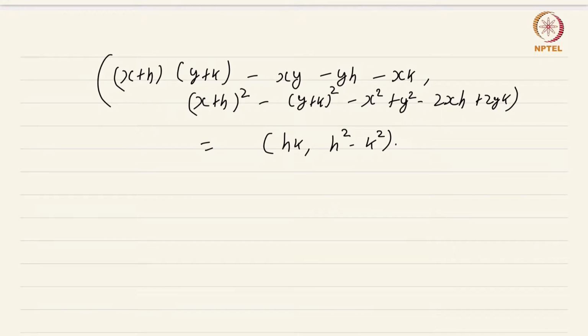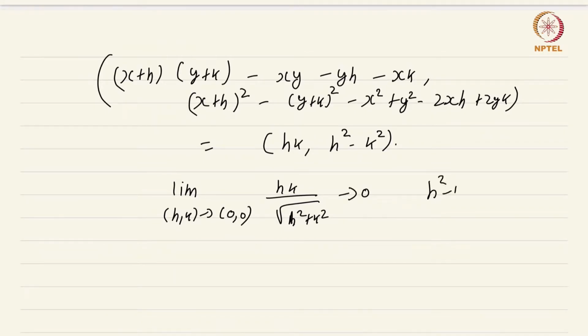So how do we do that? We have to show that the limit as (h, k) goes to (0, 0) of hk by root of h squared plus k squared should converge to 0, and so must (h squared minus k squared) by square root of h squared plus k squared.